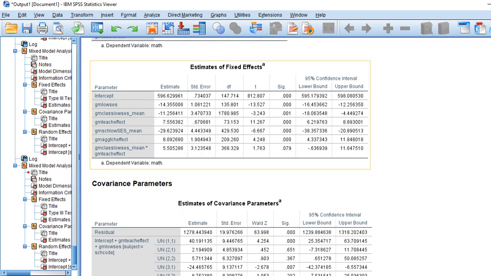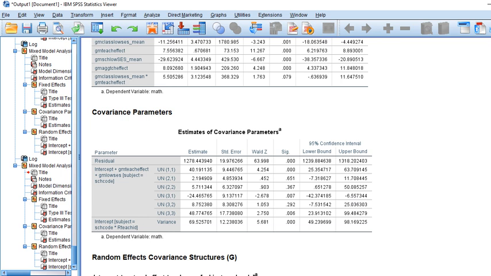Really nothing else is going to be that much different from the previous model that we ran in the last video. But down here under estimates of covariance parameters, you'll see you've got the unstructured matrix for the covariance parameters.